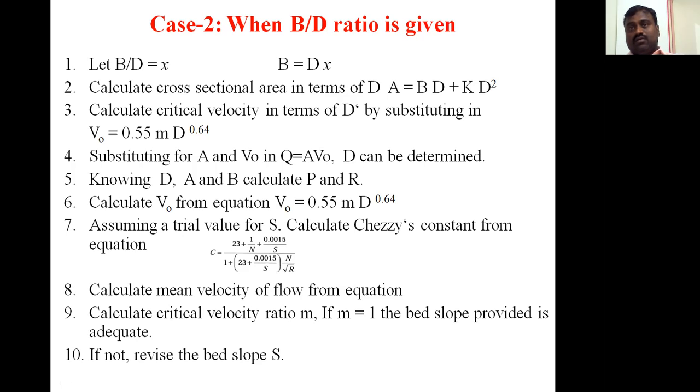If not, then the steps are revised, assuming different value for s again. So these are the steps which are followed to design the channel for case 2 type problems, when a B by D ratio is given.